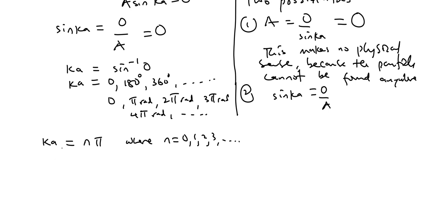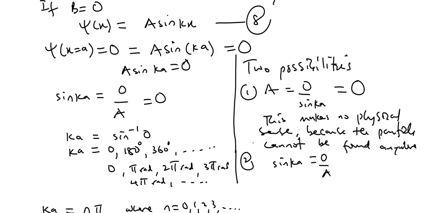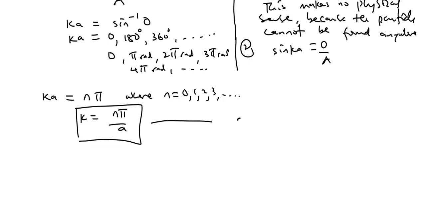So if Ka equals n pi, it means K will be n pi divided by A. Let me call this equation 9.